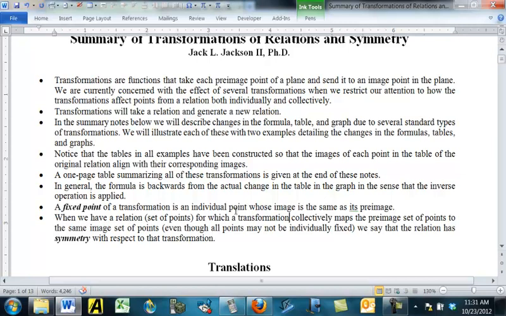But when the dust settles, collectively, if all the points are the same as the original, just the table's in a different order, or the points have moved around but ultimately we have the same formula, if we simplify, and the same table and the same graph, then we say that the relation is symmetric with respect to that transformation.